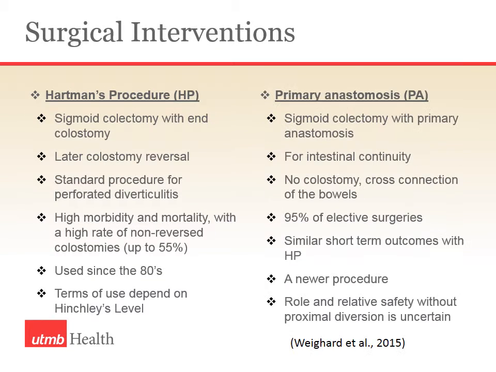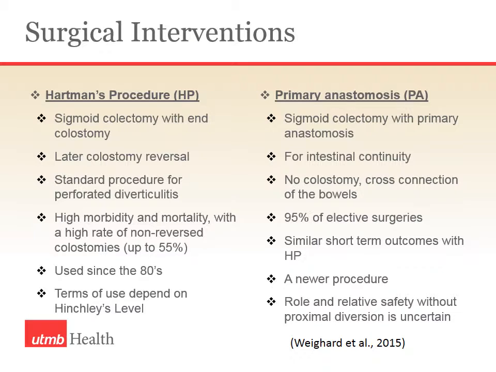The types of surgical interventions have also been debated. There's the Hartmann's procedure, which actually started in the 1980s, and it was used for colon cancer. This involves a colectomy of the sigmoid colon with an end colostomy, and there is an indication for later reversal.